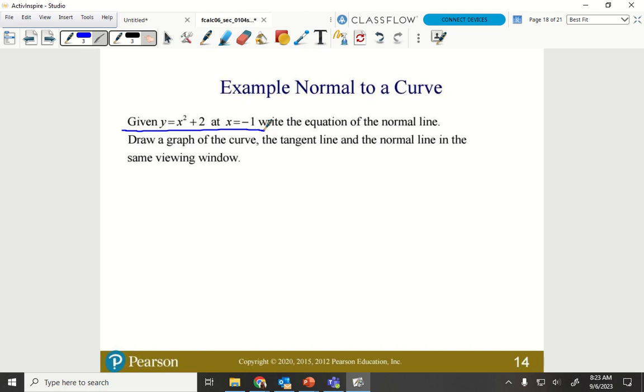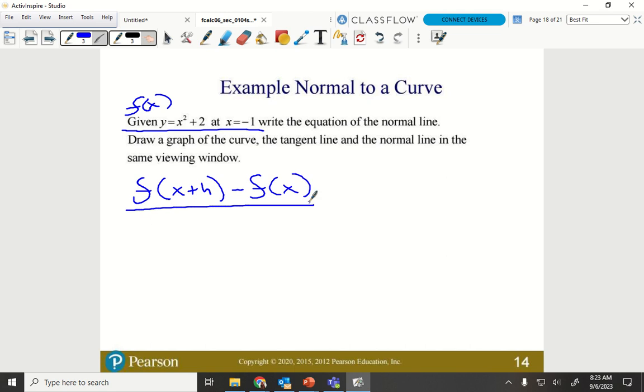Now we need to find the equation of the normal line and the tangent line. So let's go ahead, and if this is going to be my f of x, I'm going to do the limit as h approaches 0 of f of x plus h minus f of x over h.